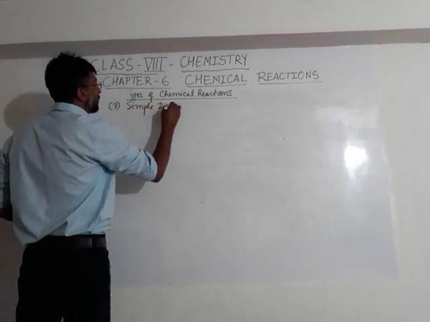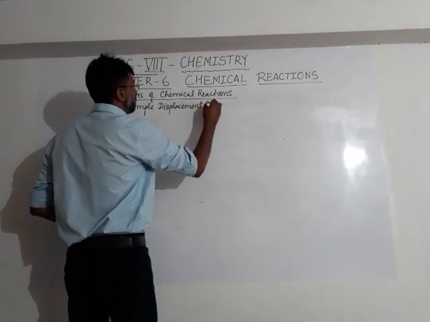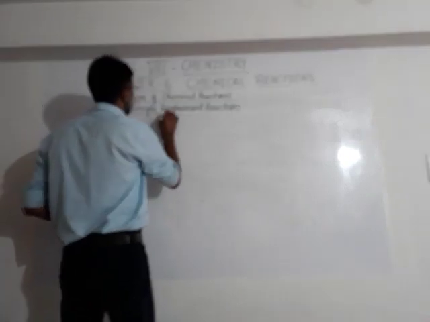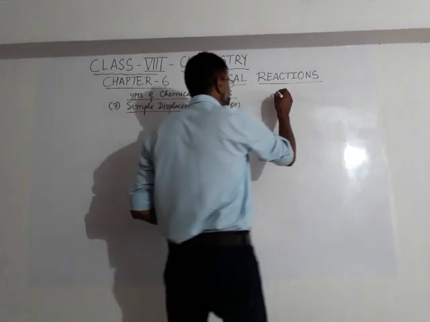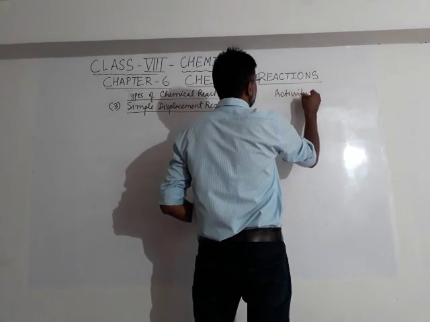Now, number 3, the third type of chemical reaction is called simple displacement reaction. To understand this simple displacement reaction, it is very important that we learn the activity series. I am going to write down the activity series at the side. Activity series of metals.